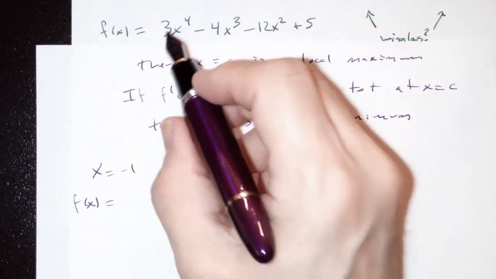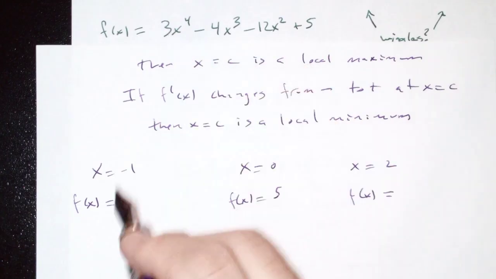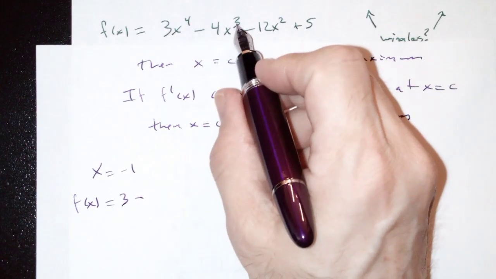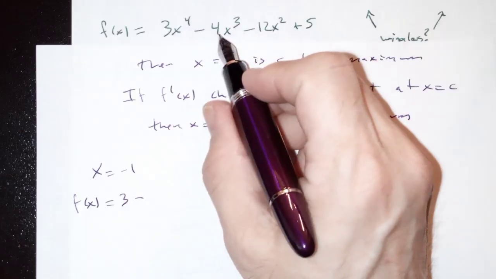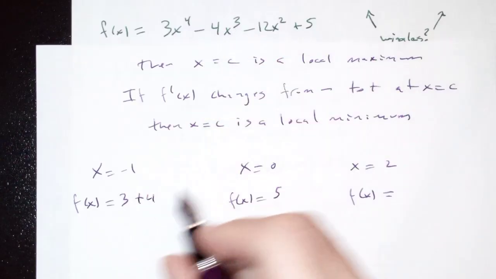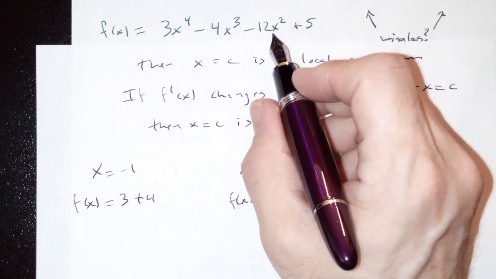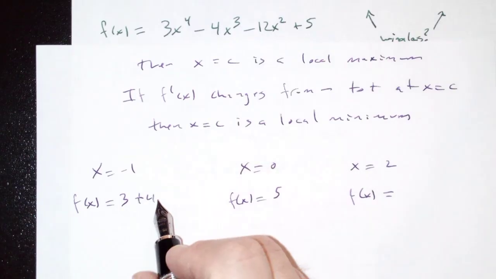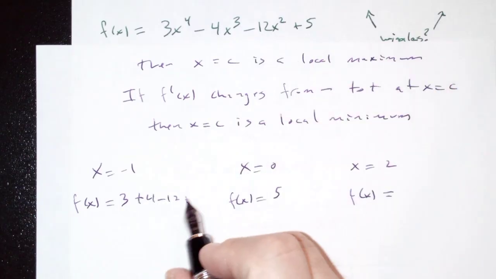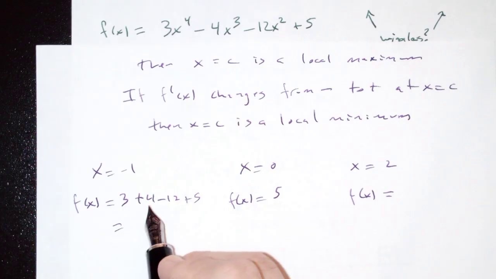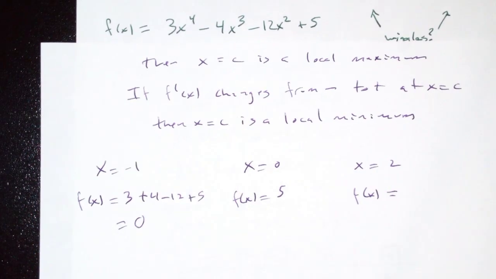Plug in -1. -1 to the fourth is positive, so I get 3 minus -1 to the third is negative, minus -4 becomes +4. 12 times -1 squared, that's going to be positive. So that'll be -12 and then +5. So what's that? 0.